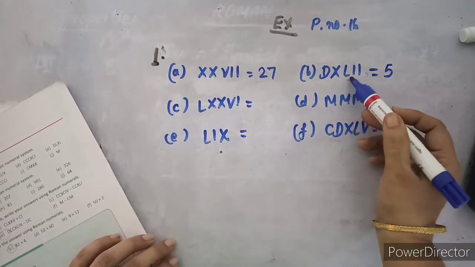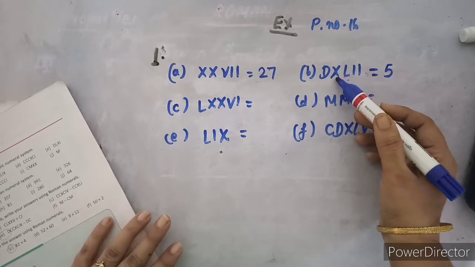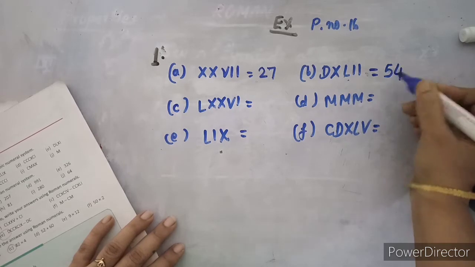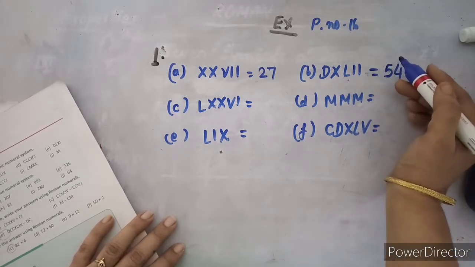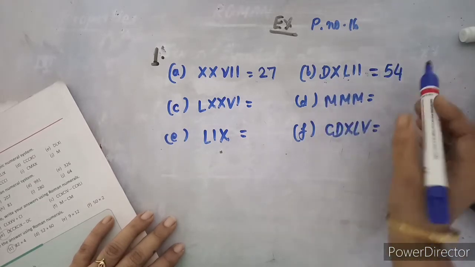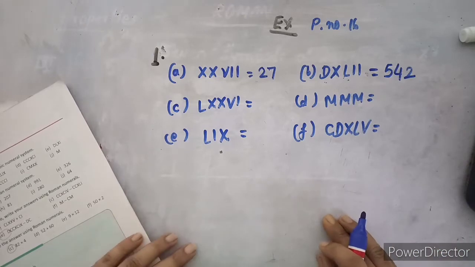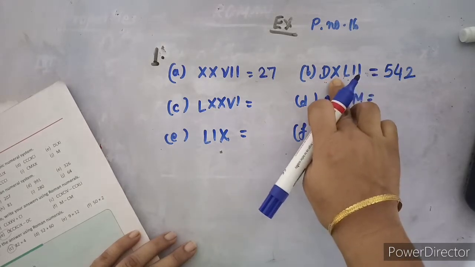Now L is for 50, and on the left hand side 50 minus 10, that is how much? 40, and then 2. Then 2 is there, so 500, then 40, then 2.